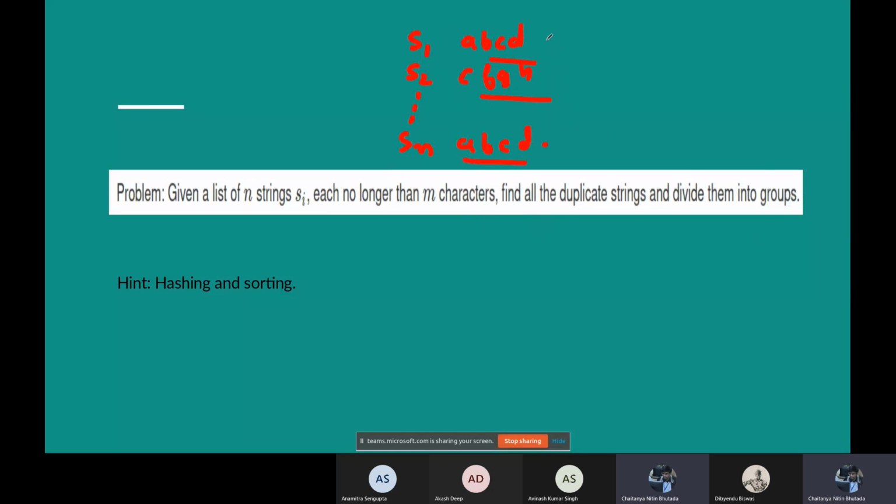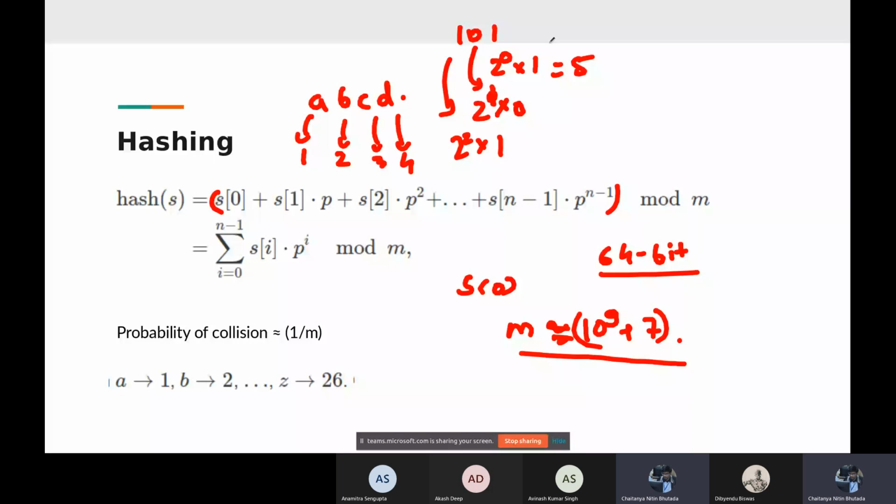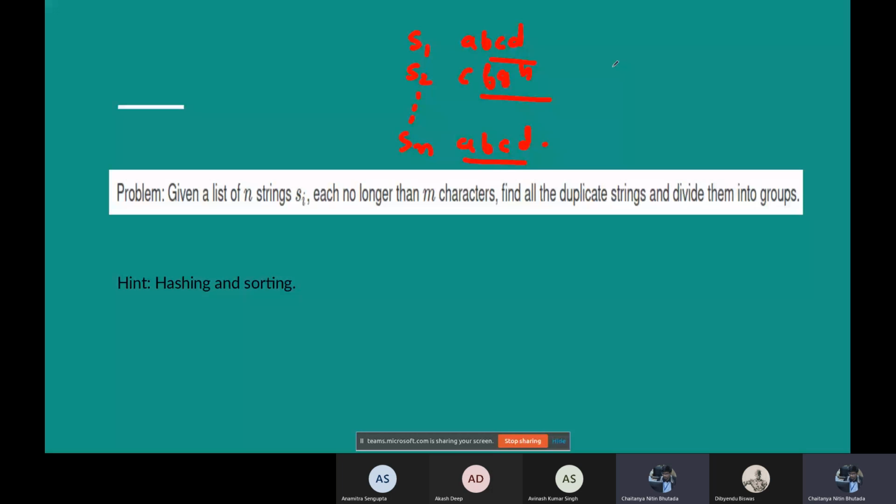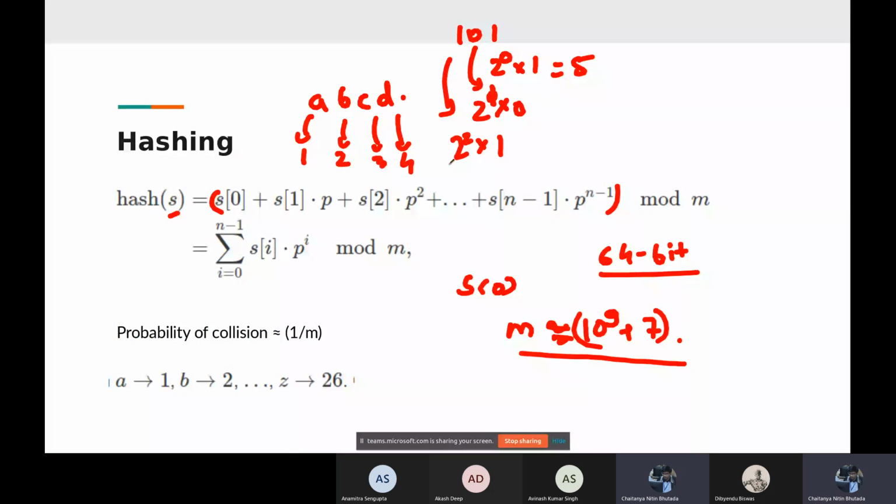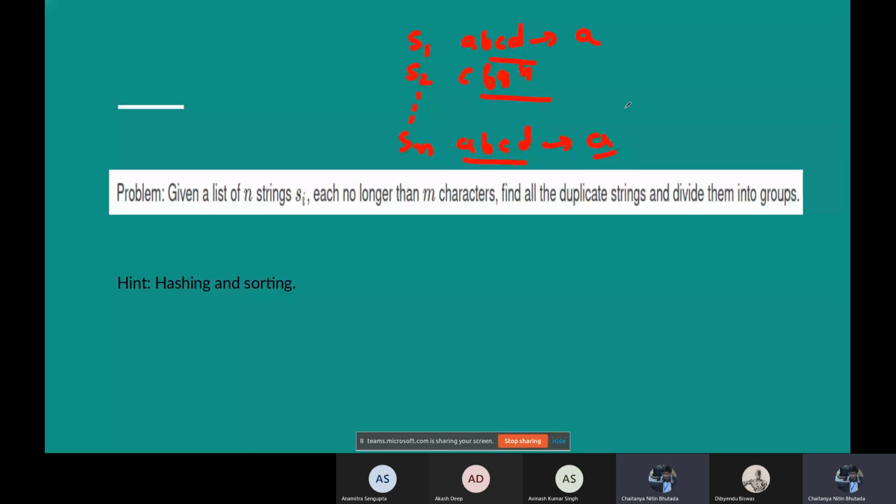Okay, I will say how to do it. We assigned a string a number. Suppose this is assigned number a, this will also be assigned number a, because the formula is independent of the location, and this is assigned b. Now suppose the numbers we get are a, b, and so on till a.